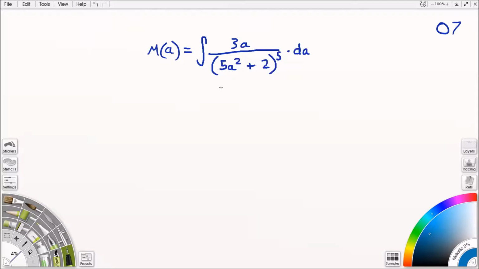So for this question here, we have the dependent variable m and an independent variable a, and at first, when looking at this, it doesn't look very nice to integrate.